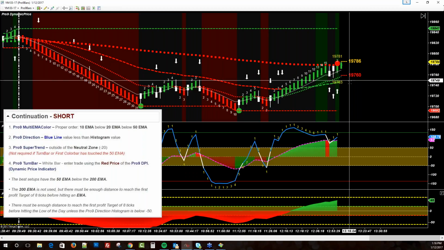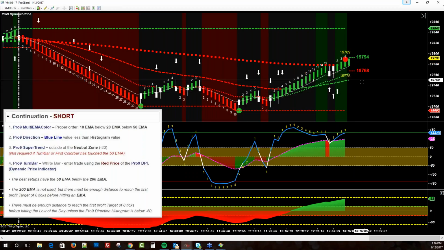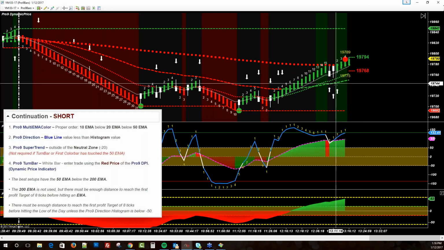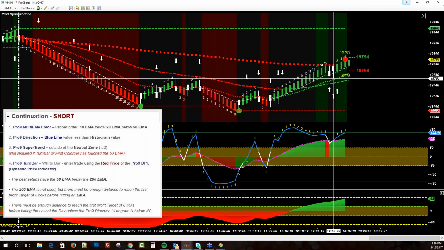And then if it continues to trend short and continues hitting the red DPI number, it will continue to plot red bars. That was a momentum entry there, or it would actually be a continuation entry, but it looks like we were very close to the 200.